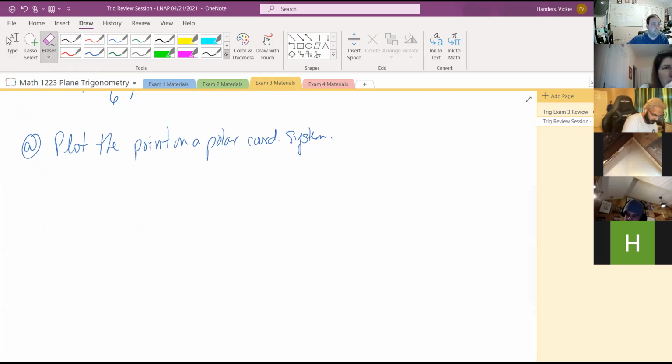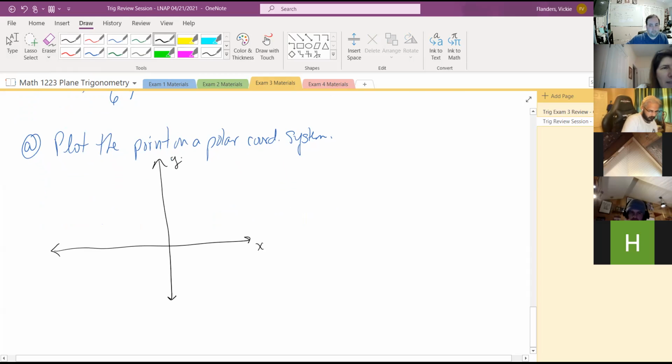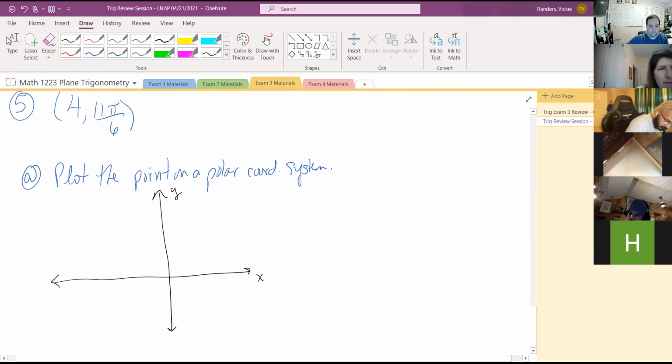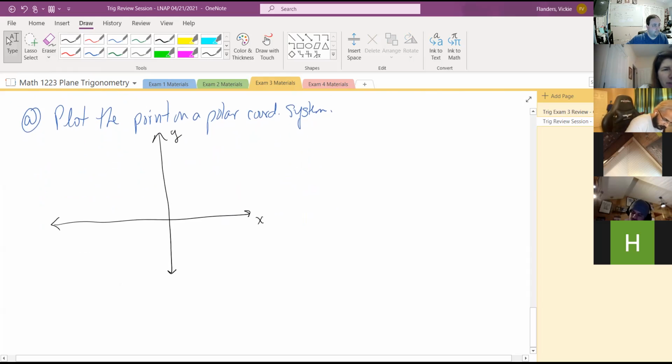We just need to see. So here's my set of, you still could call these XY axes. And I have this 11 pi over 6, so let's call this 11 pi over 6.